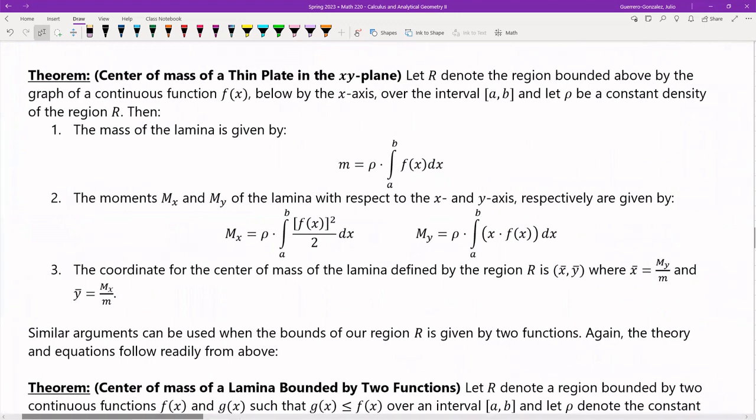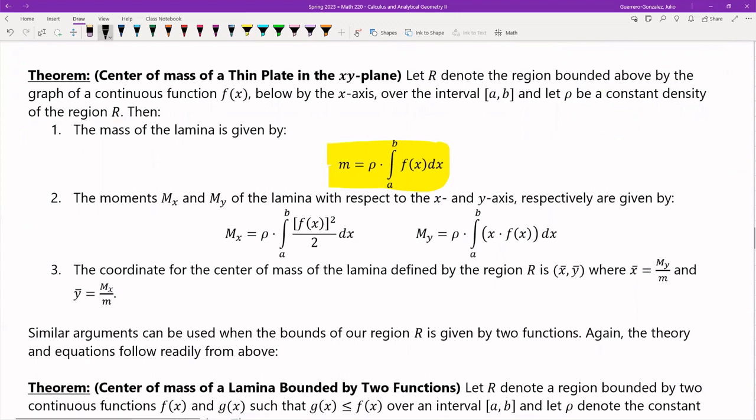Of a thin plate in the XY plane. So suppose R is a region bounded above by a function f of x, below by the x-axis, over an interval AB, and let rho be the constant density of this region R. Then the total mass of our system is this right here.